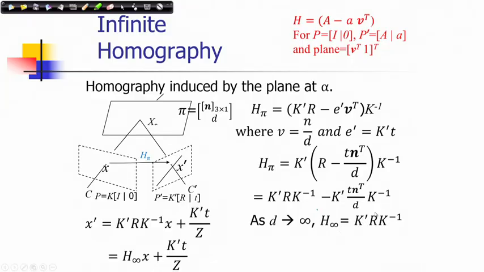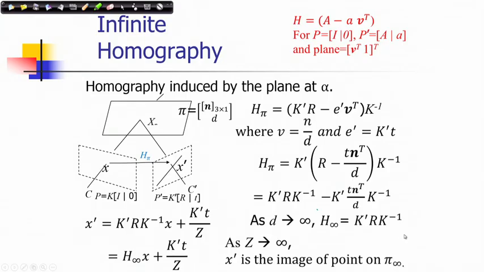This is a form which we discussed earlier also, that the homography at infinity can be expressed in terms of these camera parameters. We also discussed earlier how, in a general configuration, the corresponding pairs of points are related with this particular parameter. So, this is what we get using infinite homography.